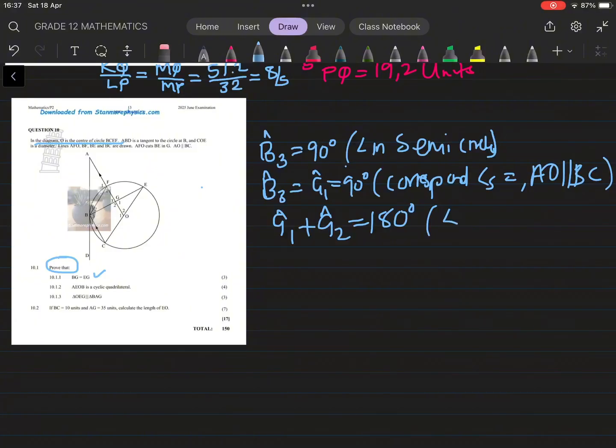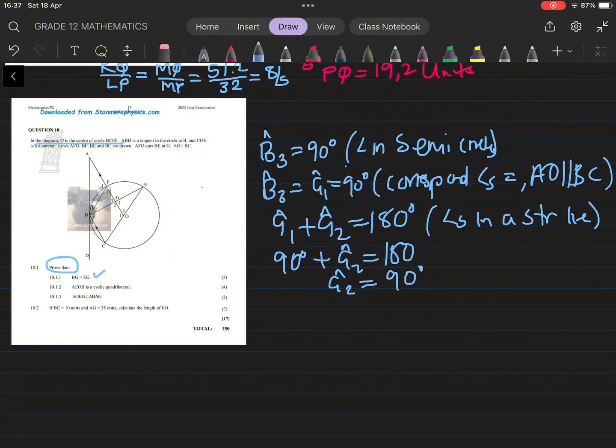Those are angles on a straight line, they add up to 180, or they're supplementary. We know that G1 is 90 degrees, and G2 is what we're looking for, and that is equal to 180. By subtracting 90 degrees from both sides, G2 is equal to 180 minus 90. That will give us 90. Then G1 and G2 are equal. That tells us that BG is equal to EG.